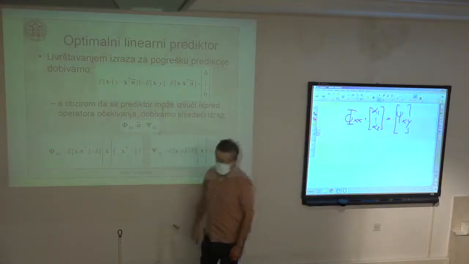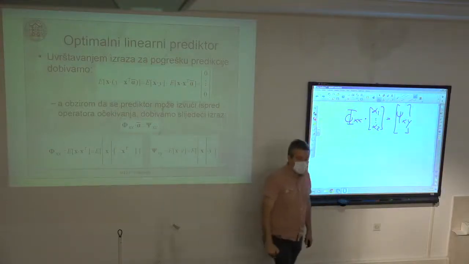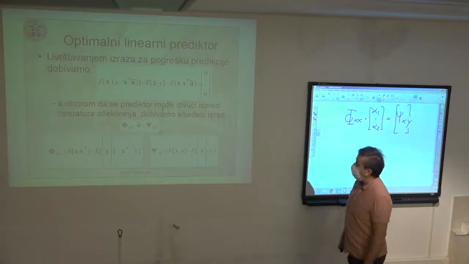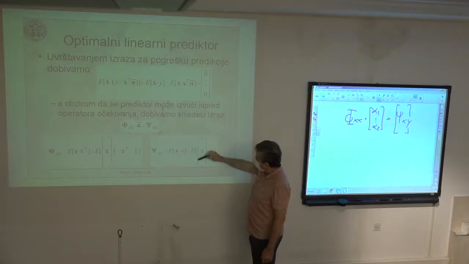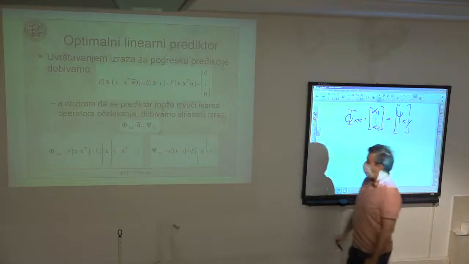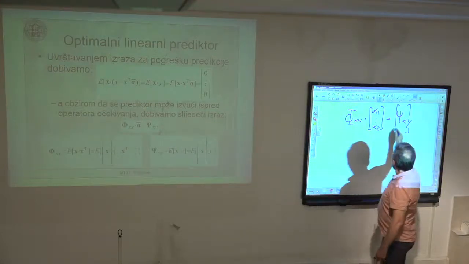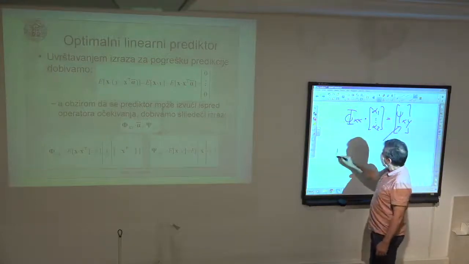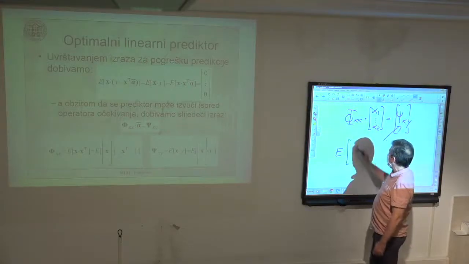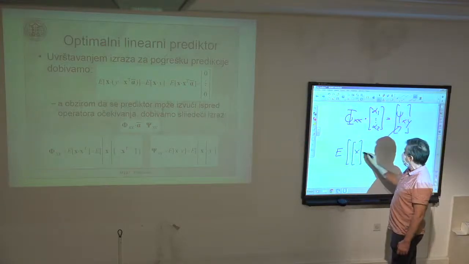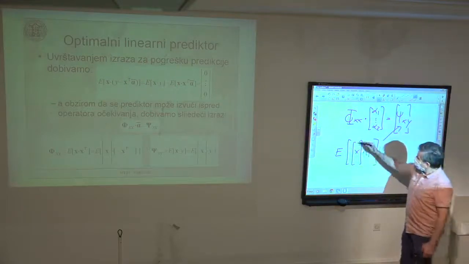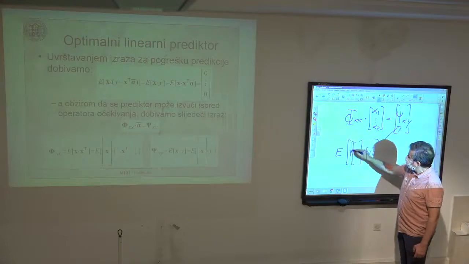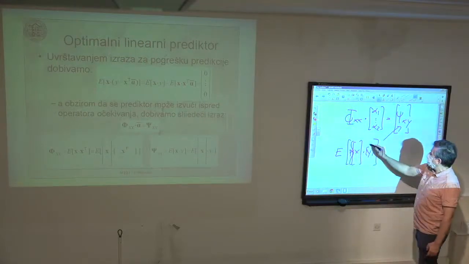This psi xy is the correlation between each source component and the target process. You can see it here: I take each source component and multiply it by the corresponding target value. That is the reason why it is a column vector. So it is the expected value of the source vector x, a p-dimensional column vector, multiplied by a scalar value y, which is 1 by 1.